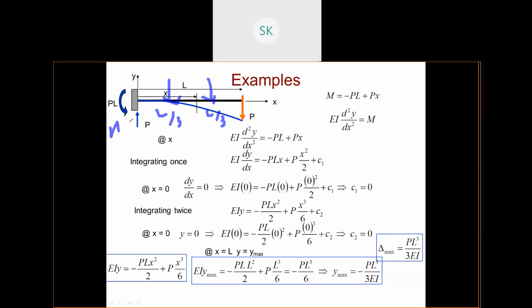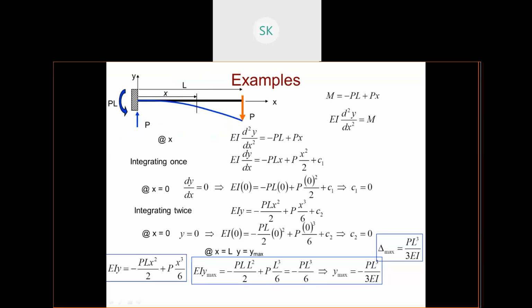Your boundary conditions will be at x equals 0, at x equals L by 3, at x equals 2L by 3, and x equals L. So there will be different boundary conditions. If there is no load, only a load at the end point, two boundary conditions will be sufficient, at x equals 0 and at x equals L. Clear this part?